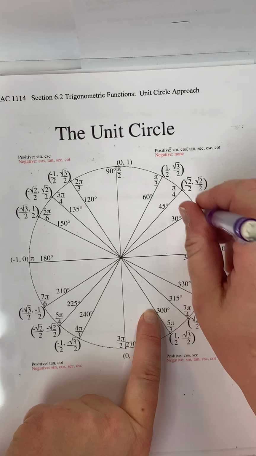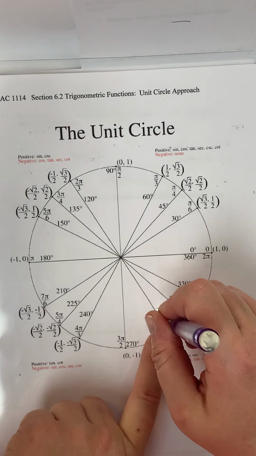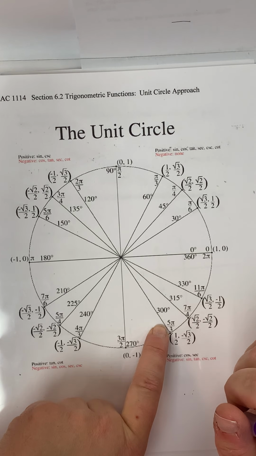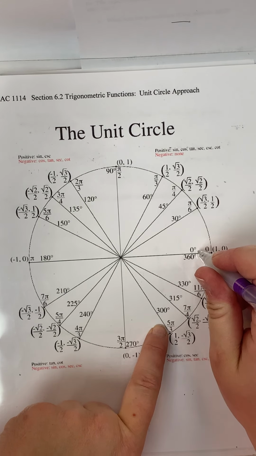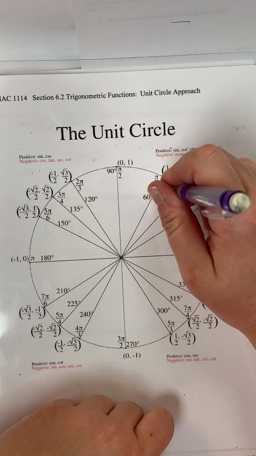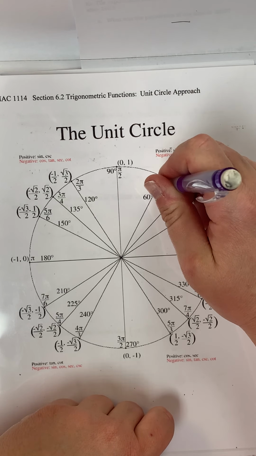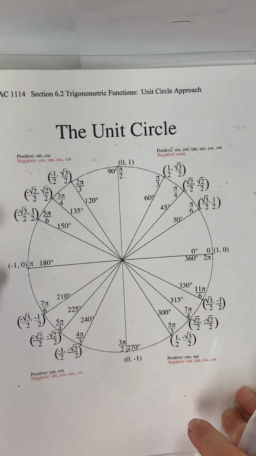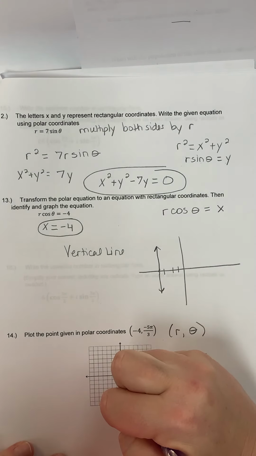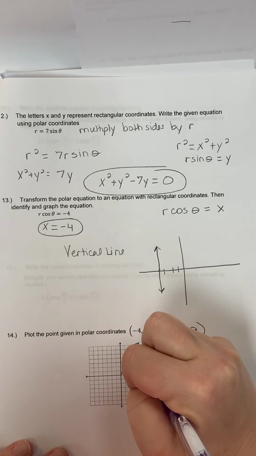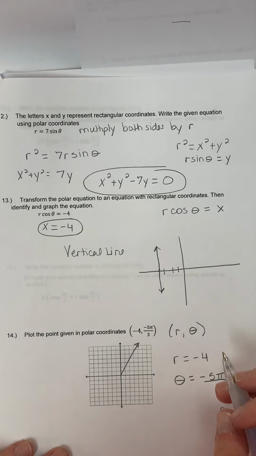If I start here and go counterclockwise, that's where I end up, +300 degrees. But this wants me to go negative, so I start here and go clockwise 300 degrees. I end up at 60, right there. So I'm really looking at +60 degrees, or pi over 3, and then a -4.